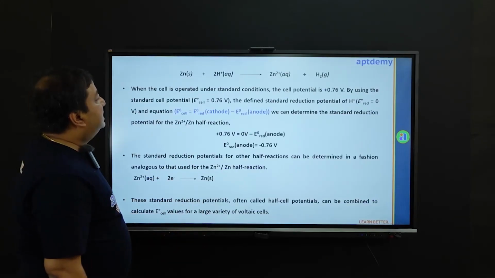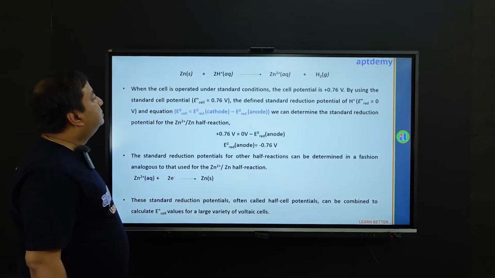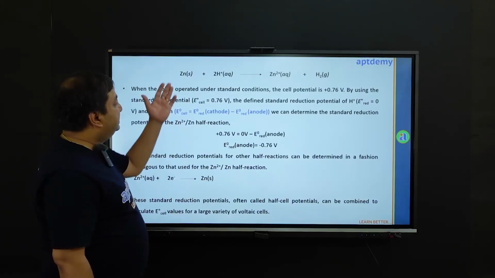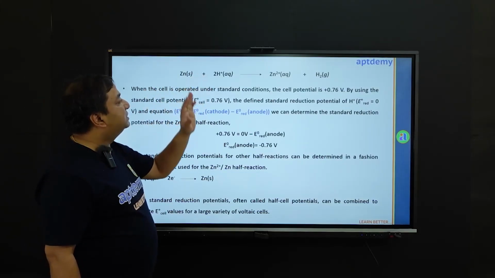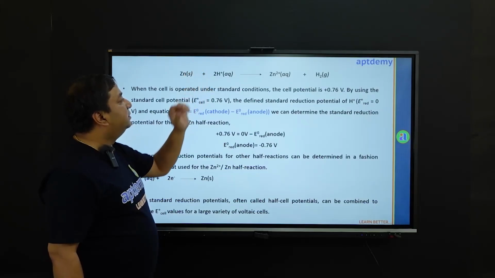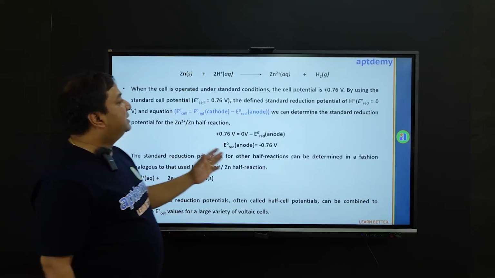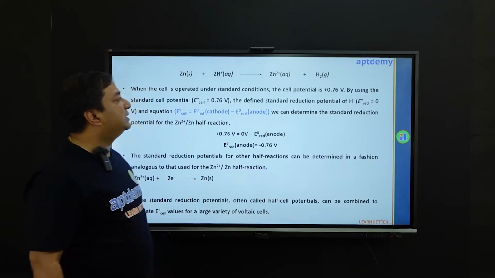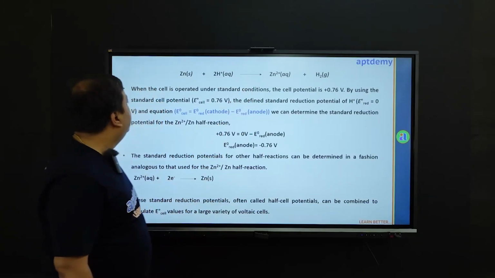Now let us consider the reaction of Zn(s), that means metallic zinc, with two protons, which leads to the release of Zn2+ and formation of H2.